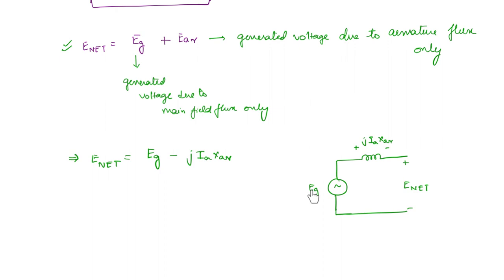So EG is equal to J times IA XAR plus E net, right? This is the same equation, only you are just rewriting it as EG is equal to E net plus J times IA XAR. Okay, so that is how we are modeling the armature reaction in terms of an inductor.